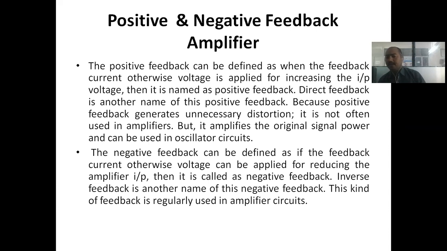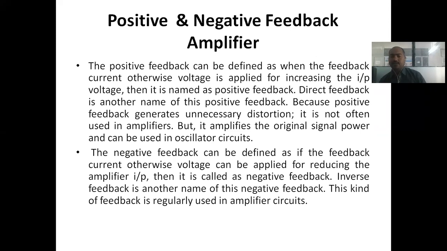Negative feedback indicates that if the input applied to any amplifier is a sine wave, consider that we use a common emitter amplifier. The output of a common emitter amplifier is 180-degree phase shifted. So we apply the input as a sine wave, we get the output as a cosine wave, right? Again that cosine wave is applied to the input. It is nothing but feedback, right?